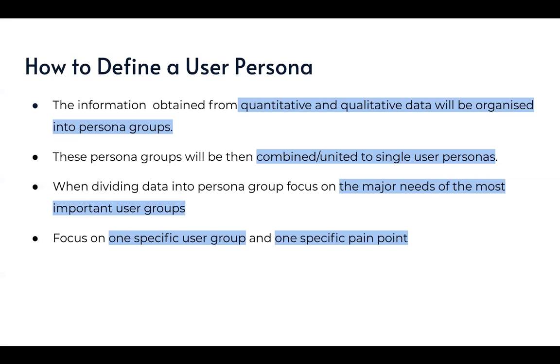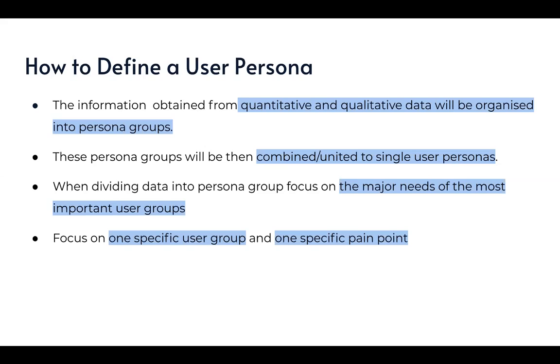Next. So as Rausha has mentioned, before creating the user persona, you need to do research. So you need to have obtained qualitative and quantitative data, which will be organized into persona groups, which represent your ideal customers. These persona groups will then be combined to form a single user persona.